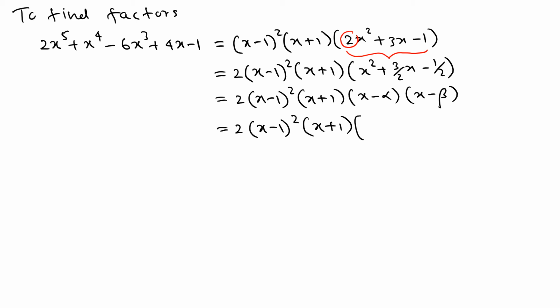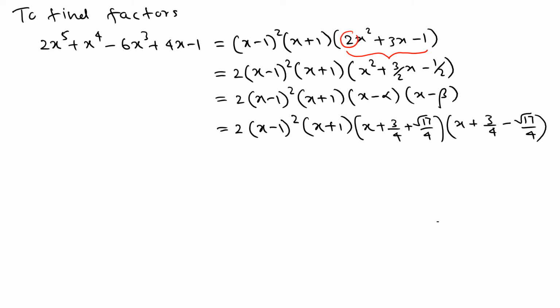Since the negative sign is going to change the sign, this is simply x plus 3/4 plus square root 17/4. That's the first one. The second one is x plus 3/4; if you go with the plus sign, it changes the sign to become minus square root 17/4. So that is the complete factored form of the quintic.